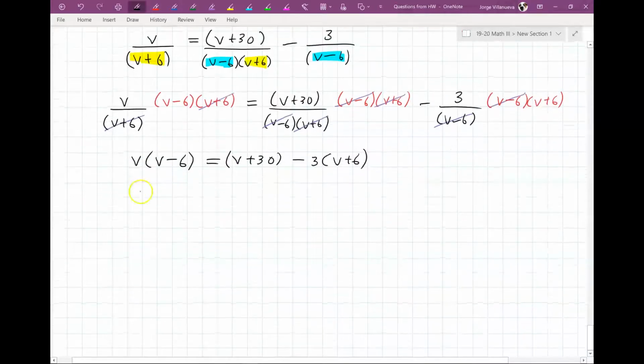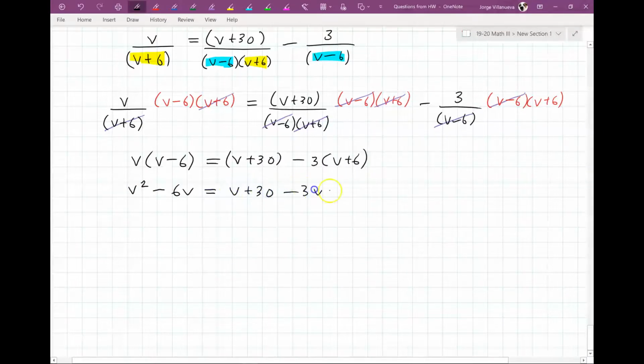Now let's work that out. That's V squared minus 6V equals V plus 30 minus 3V minus 18. So V squared minus 6V equals negative 2V. 30 minus 18 will be a 12.